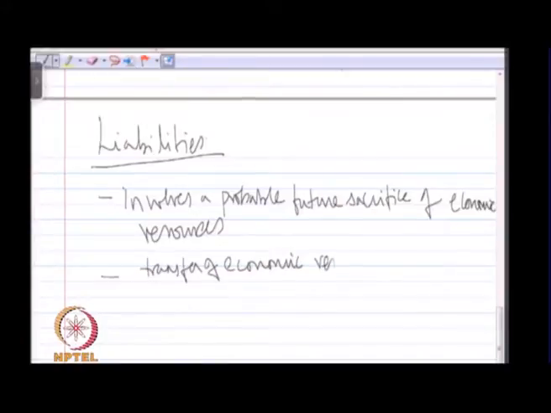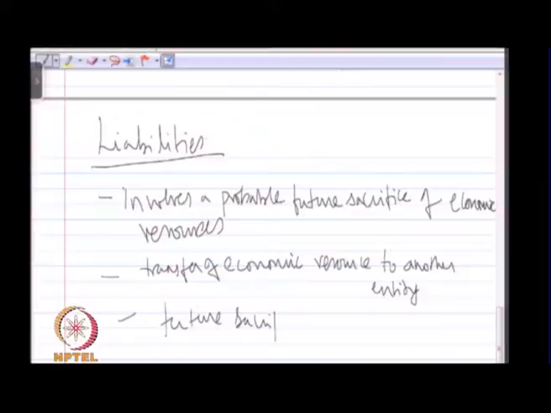Or just as we saw in assets, the future sacrifice arises from a past transaction. Past event or a transaction.